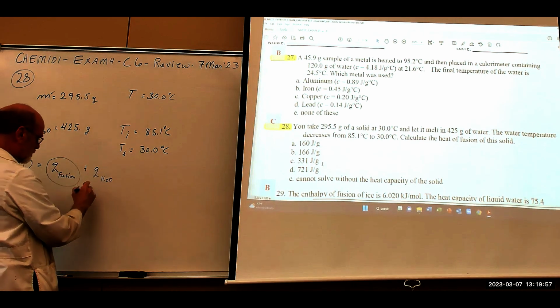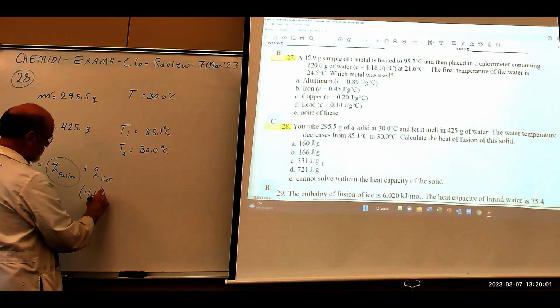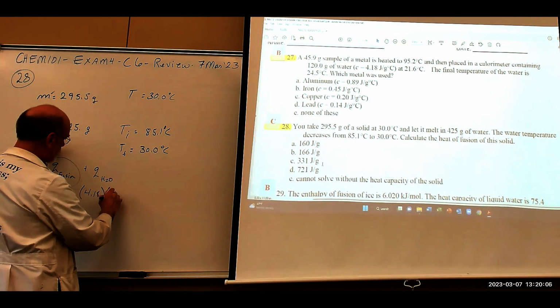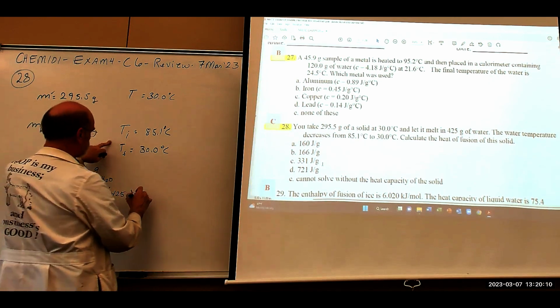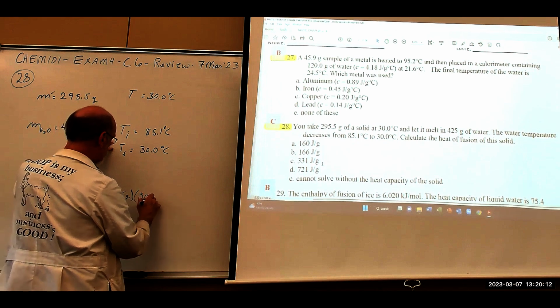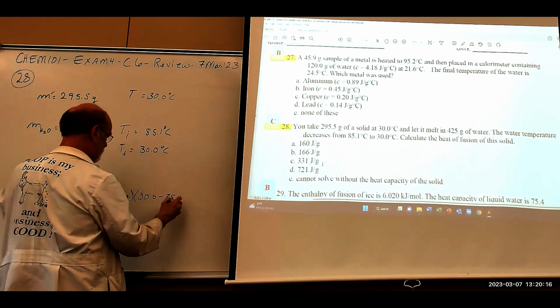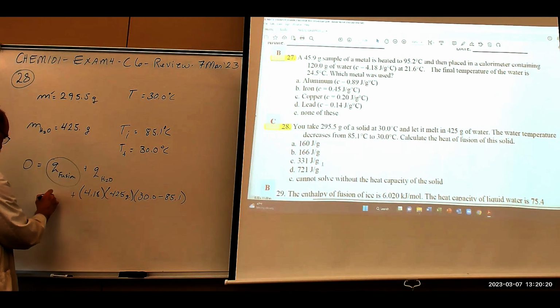So we're gonna put our values in here for water, 4.18 for the specific heat of water, and then the mass, grams, and then the temperature change. So final is 30 minus 85.1. Okay, so this value plus this value should be equal to 0.